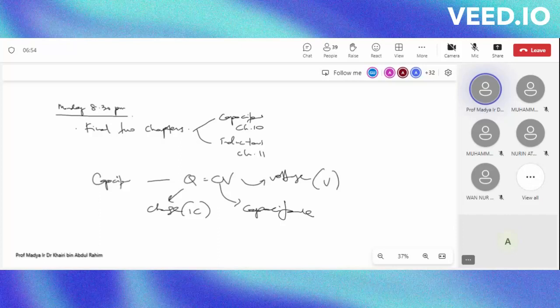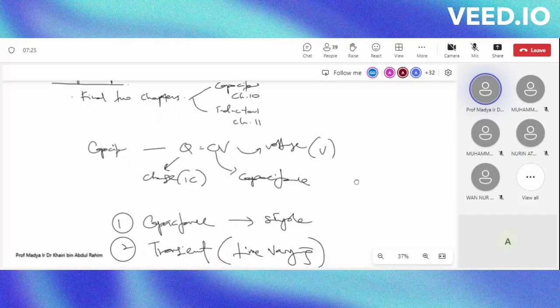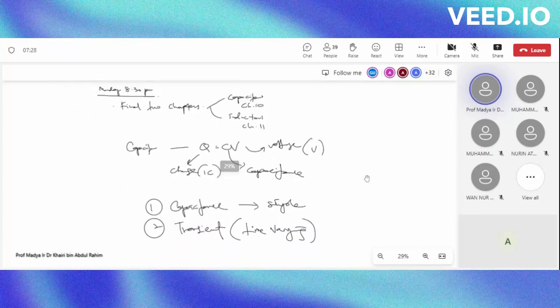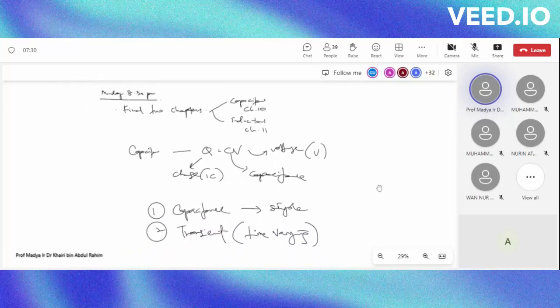So you have to know the capacitance. You have to know the transient. Okay, so transient means time varying. So this is a simple equation that you need to use just now.